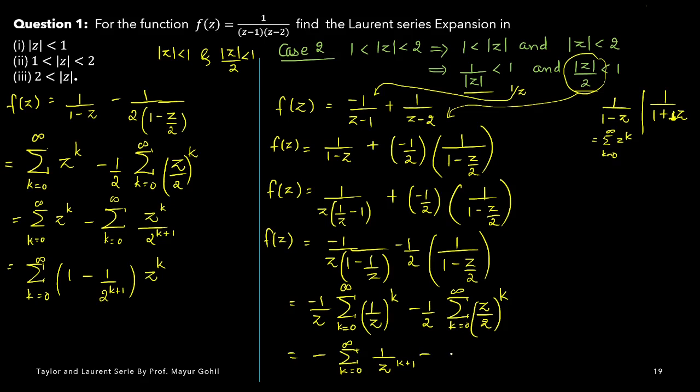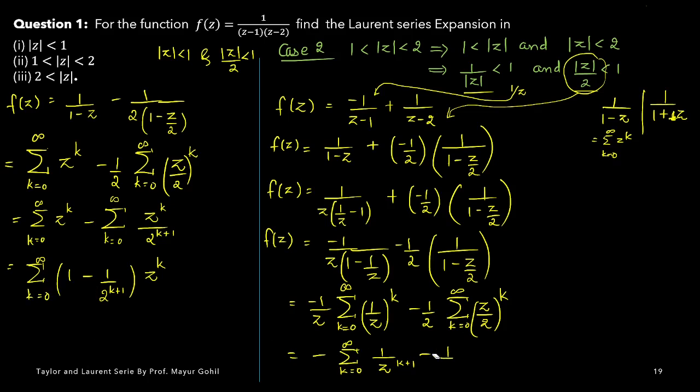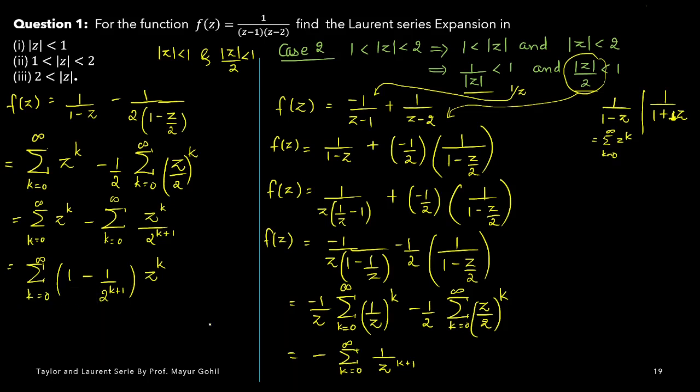That minus sign we'll keep outside, and here we will have minus of summation z raised to k upon 2 raised to k plus 1, k going from 0 to infinity.